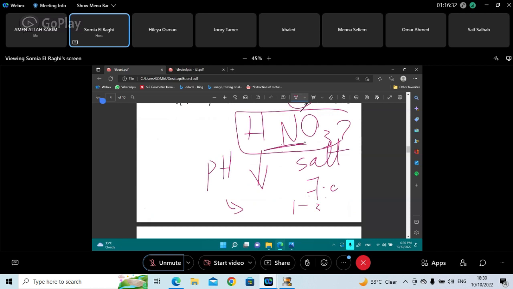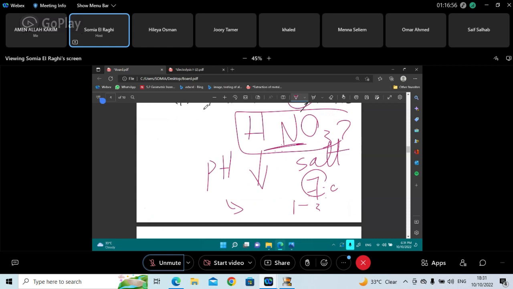So compare 7 with 1. Because the acid formed remains in the container, it is more acidic now. So this is another question we may see in any question in our electrolysis chapter.